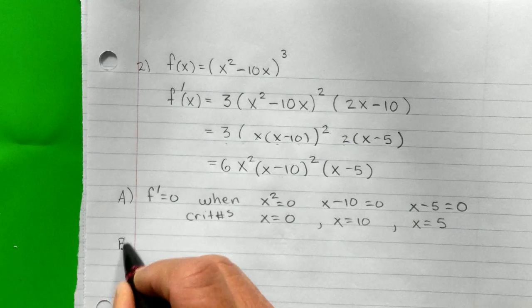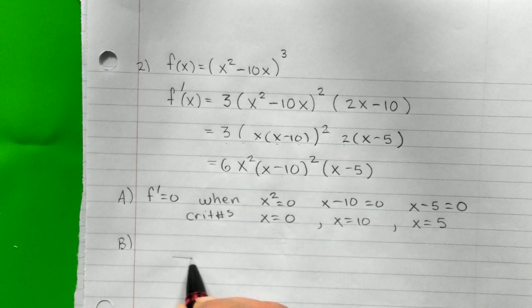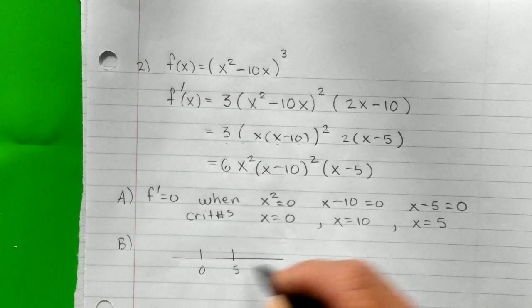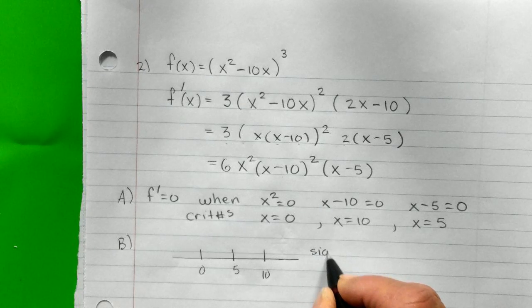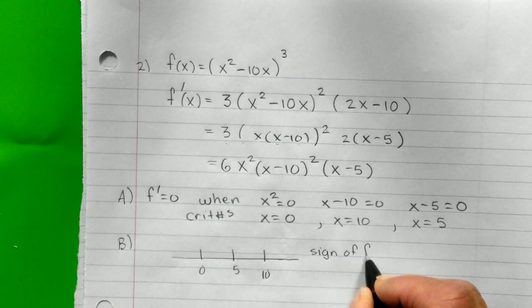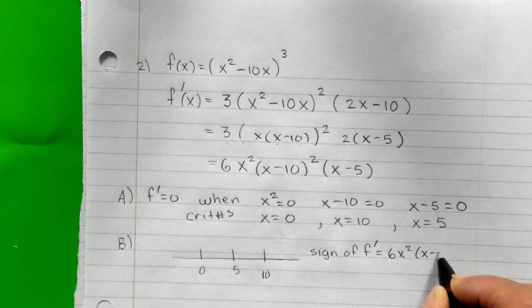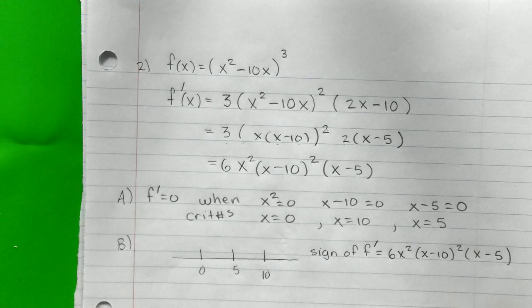In part B, we analyze the sign of the derivative around those. So let's draw us a number line, put our critical numbers in order, 0, 5, and 10. We're looking at the sign of f prime, and I'm going to put it in its factored form here, because the factored form is really helpful to me.